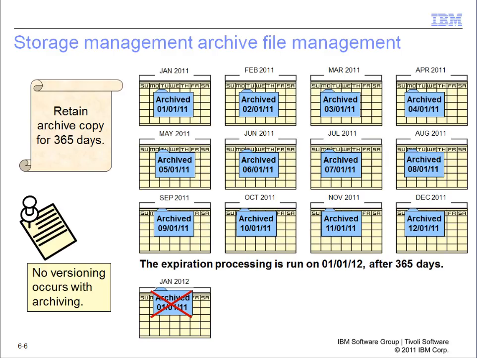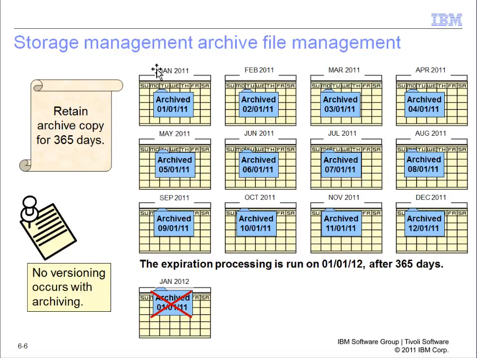That was dealing with backups where we have versions. With archive, remember, there is no versioning. You have your one copy that you're going to retain. In this example, we're saying we're going to retain the copy for 365 days. Here's our calendar year of archived file.